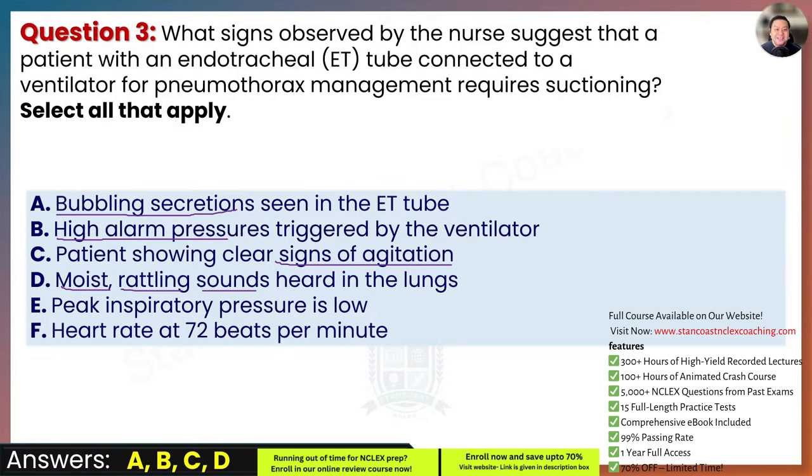Does this option describe an airway problem? Is it mucus, obstruction, distress? Then these options are likely correct. Now you also have to ask, does it describe something unrelated to secretions? Is it a mechanical issue or a normal vital sign? Then likely that's an incorrect option. By using that approach, you can confidently pick all the correct options.